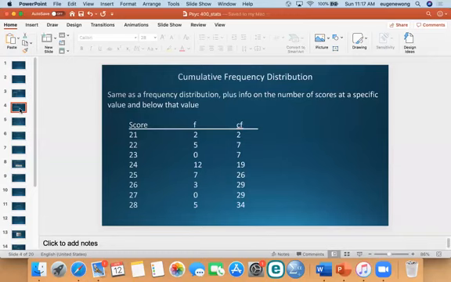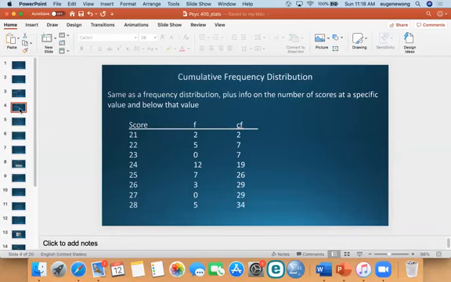And so on until you get to the final score of 28. At 28, there are 34 total scores at 28 and below. And if you were to go back and count the numbers in the distribution of scores that I gave you at the very beginning, you should have 34 scores.